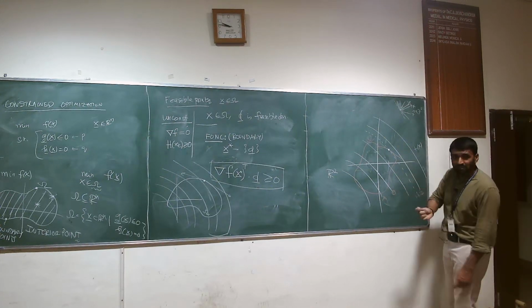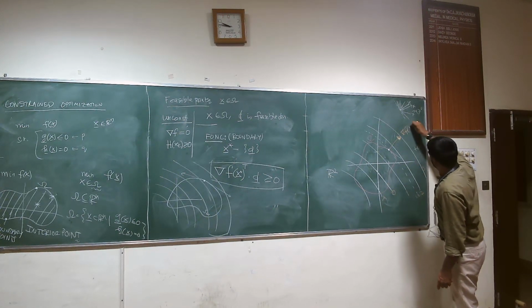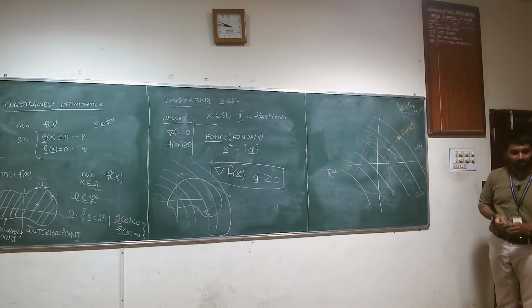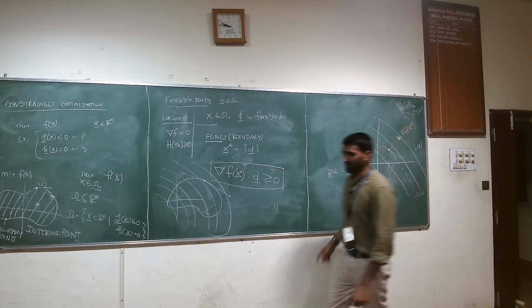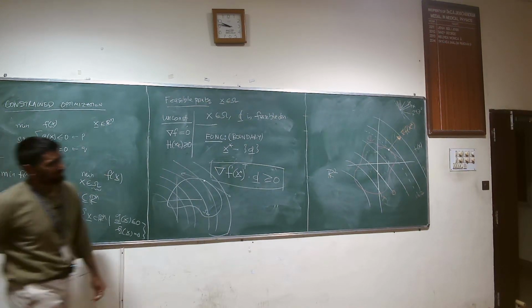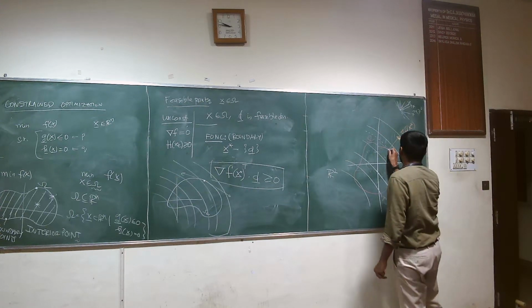Outside, because it's the direction in which the function increases, right? So this is my gradient. What are all the possible feasible directions here? It's all of these.